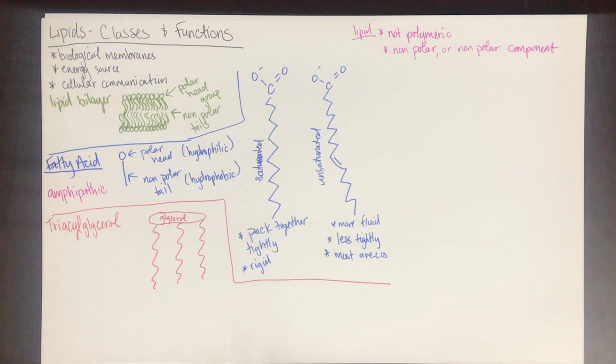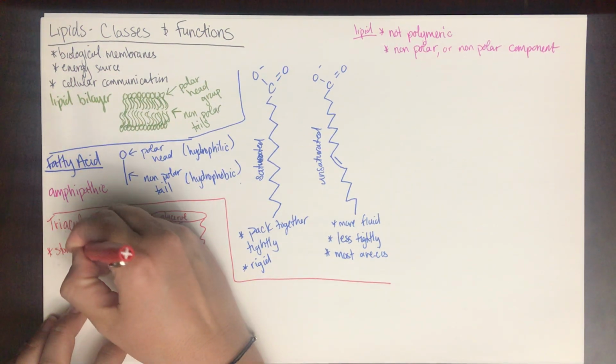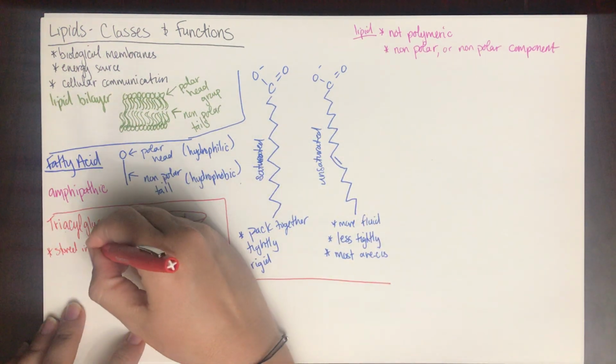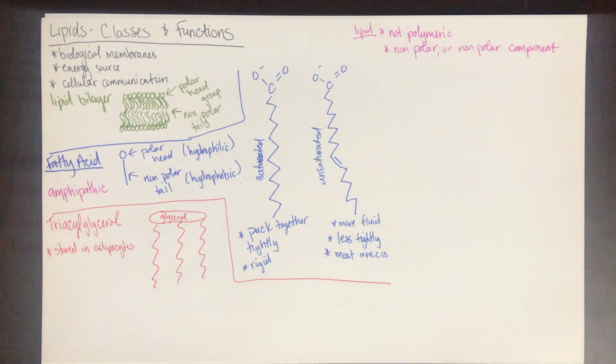We store these fats, these triacyl glycerols, in a special type of cell that's only for storing fat called adipocytes. So these fat storing cells store triglycerols or triglycerides, and this is what we would use in times of starvation.